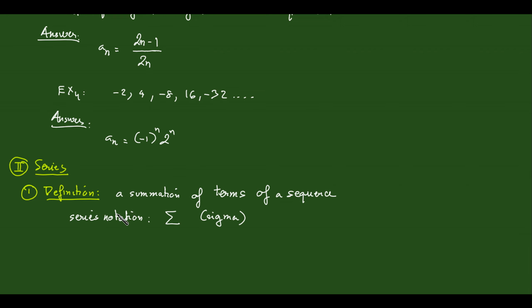But there's another way to represent that notation, where we use something called partial sum, to represent summation of a certain number of terms in the sequence.